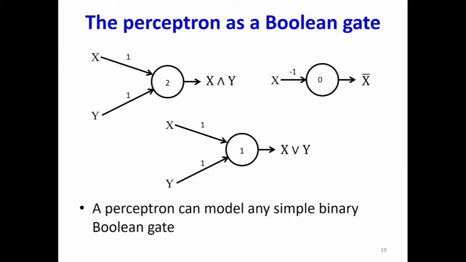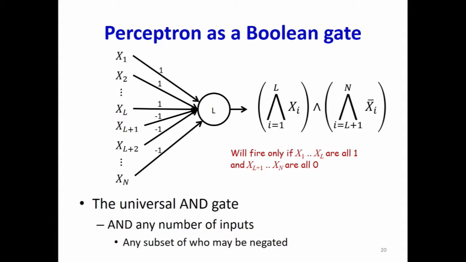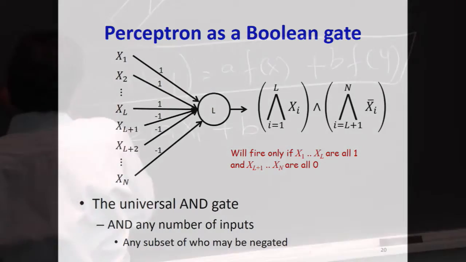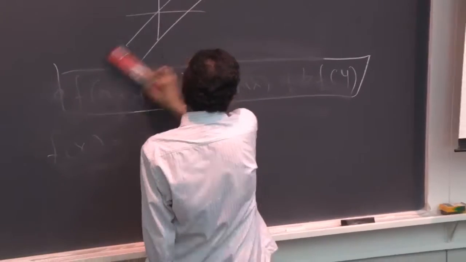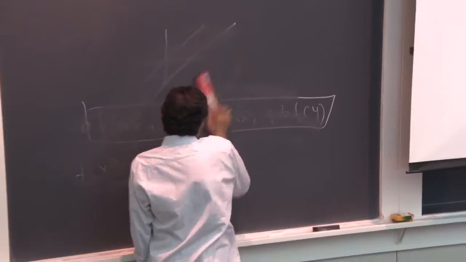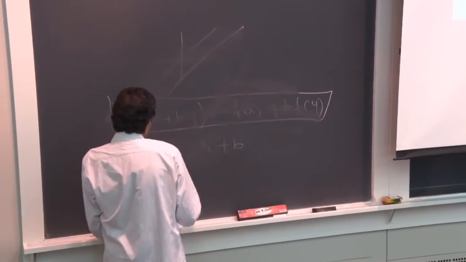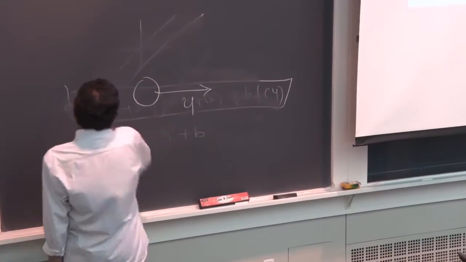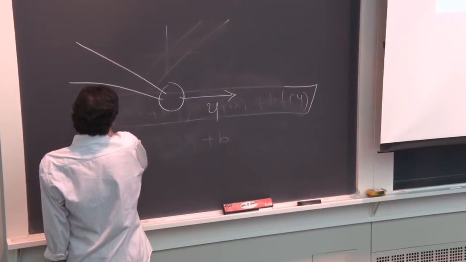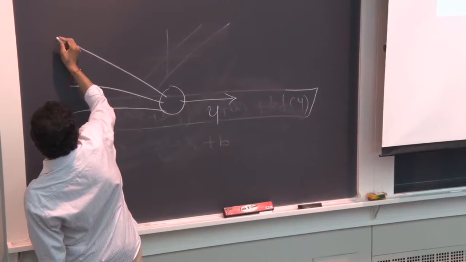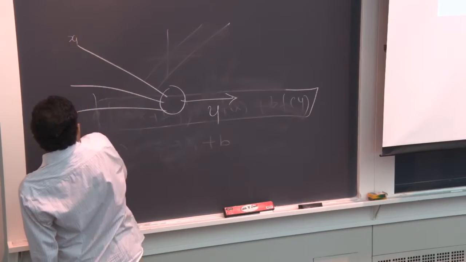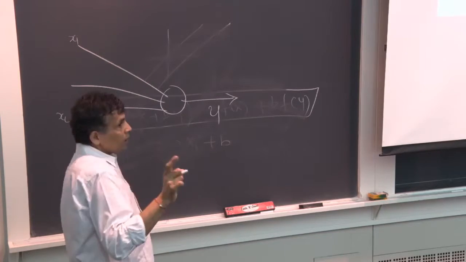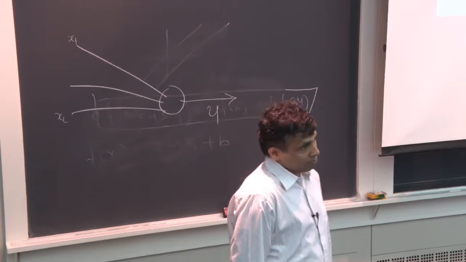But they are much more powerful than just doing these simple Boolean functions. So consider this one. This is what I will call a universal AND. I want a perceptron like this, with the output Y. I have the first L inputs, x1 through xL, and I want all of these to have a value 1.